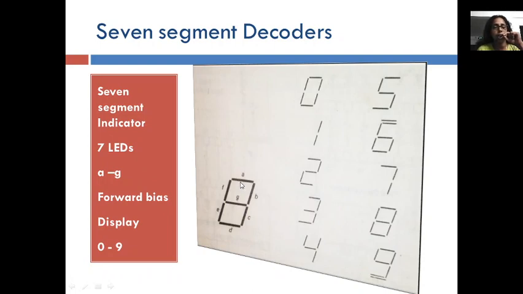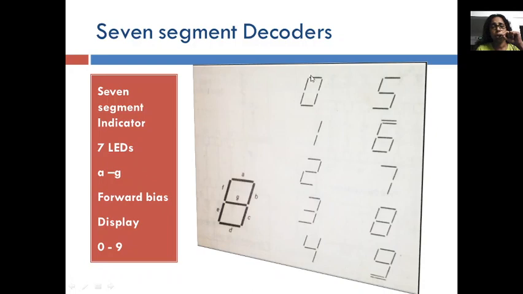I labeled them A, B, C, D, E, F, G. Depending on the forward biasing condition, not necessarily all are forward biased, it will display the digits 0 to 9.